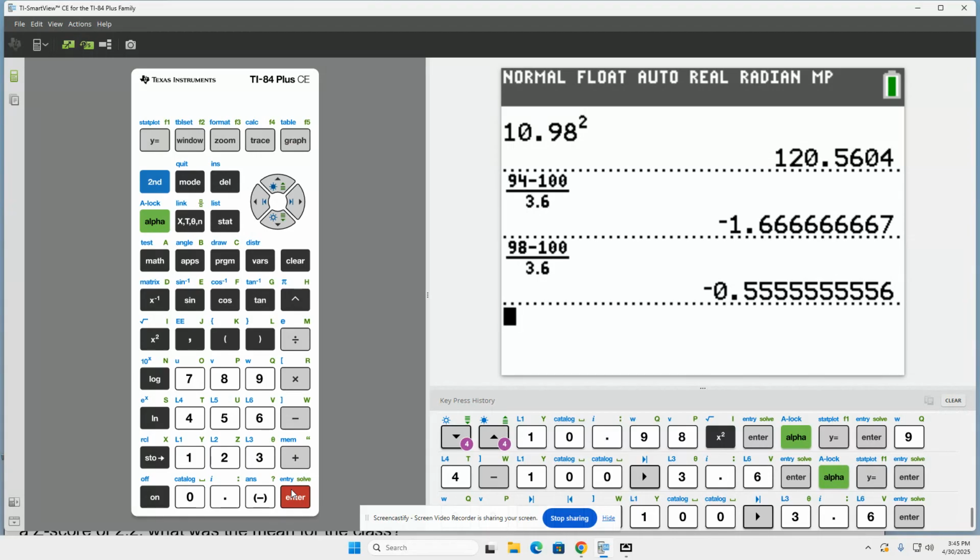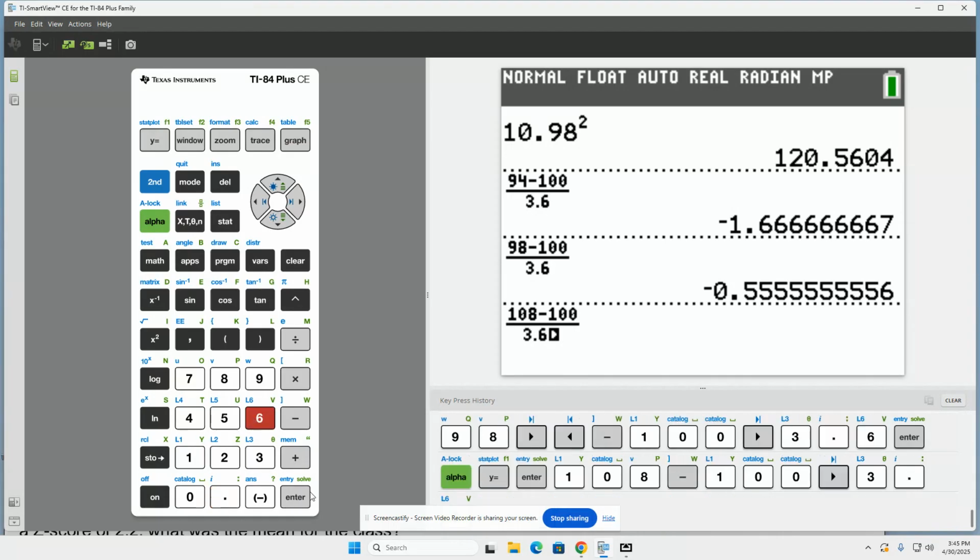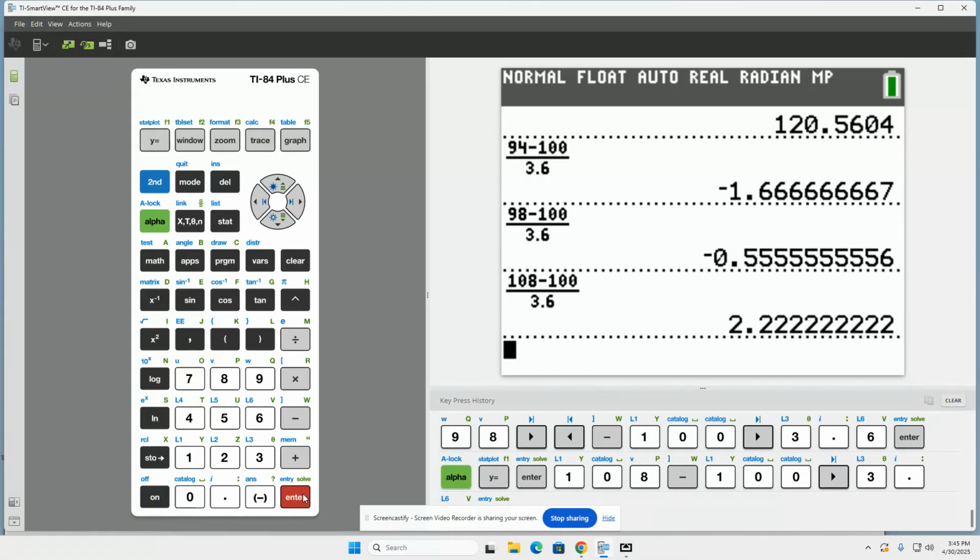And then finally, 108 minus 100 divided by 3.6. So let's go back to our calculator. Oh wait, actually didn't leave it. So we're going to do 108 minus 100 divided by 3.6. So that's going to be 2.22.